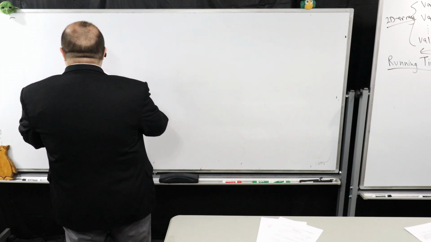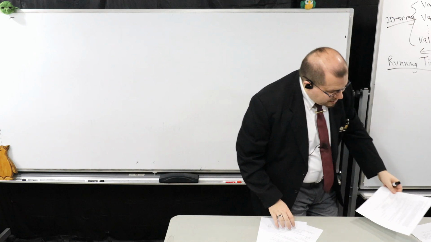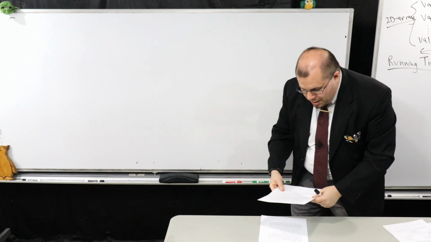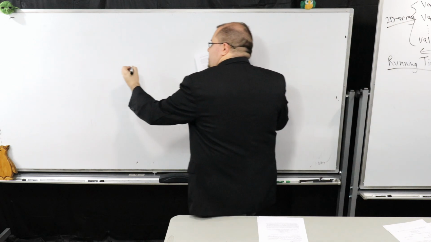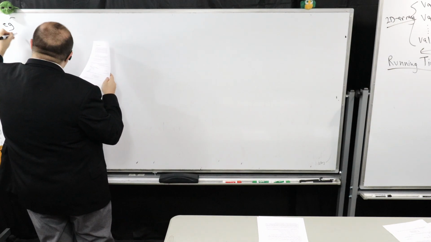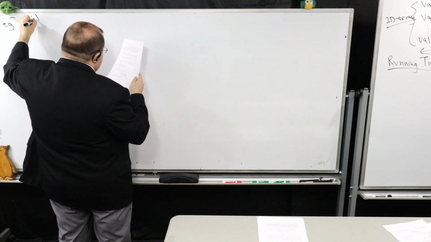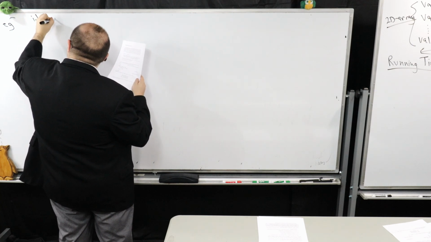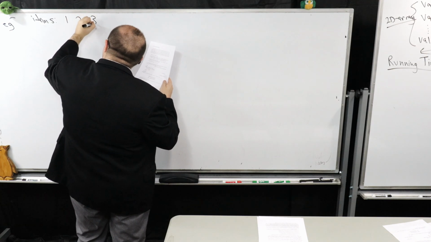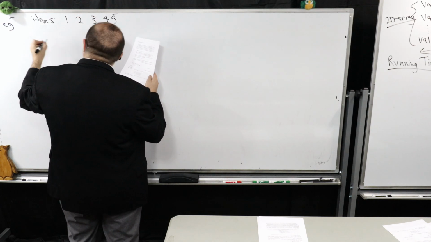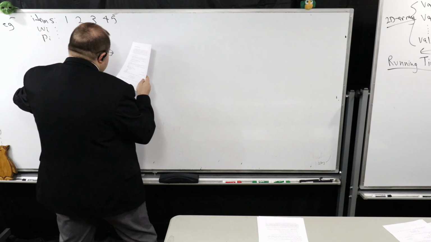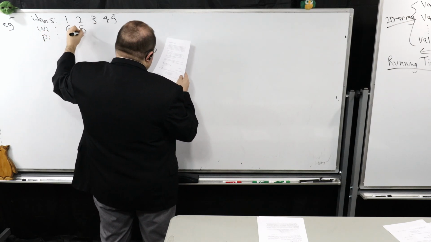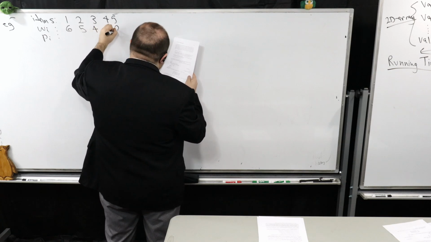So here's the idea. Let me just give us an instance, and then we will build up. Suppose I have five items: item 1, item 2, item 3, item 4, and item 5. I'm going to have w_i, so all my weights, as 6, 5, 4, 2, and 2.